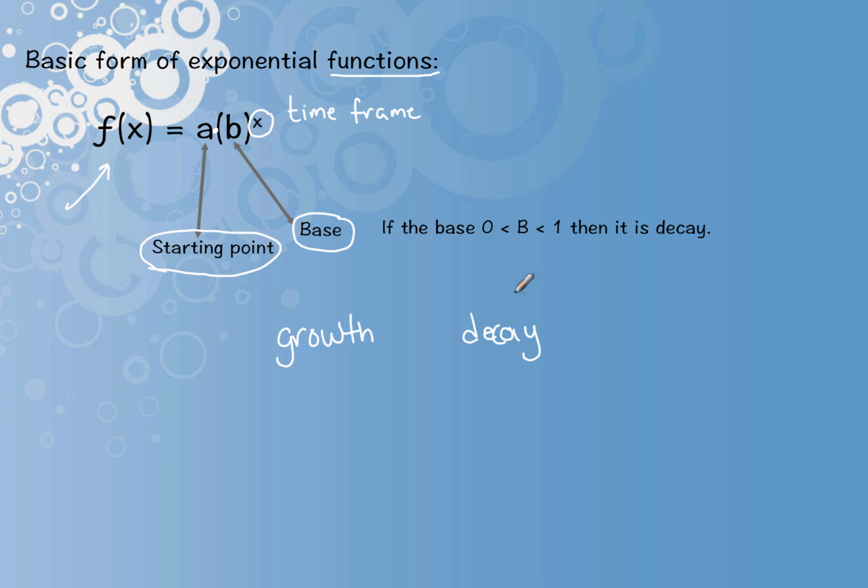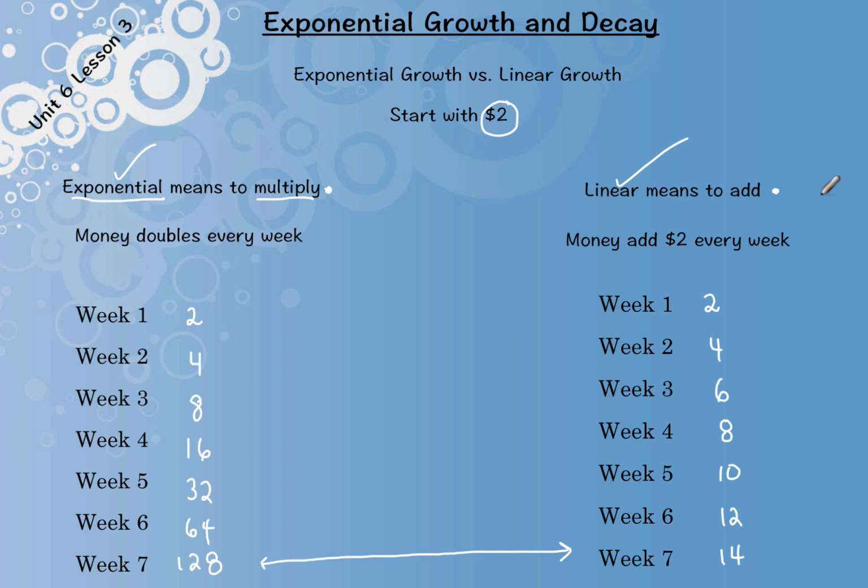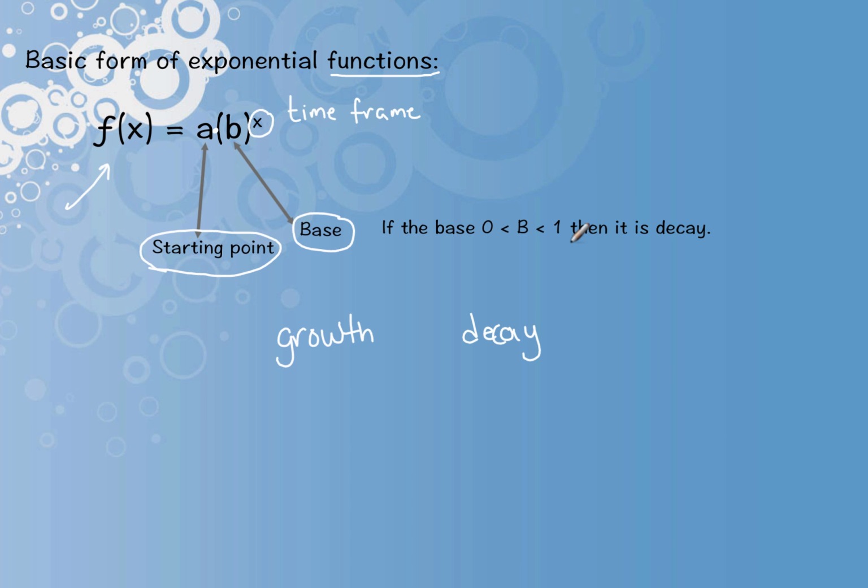Well, we saw an example of growth in this first one. Our money was growing quite quickly. Decay means to go down, and you will have decay if the number you put in for the base is between 0 and 1. And we're going to see an example of that in just a few seconds.